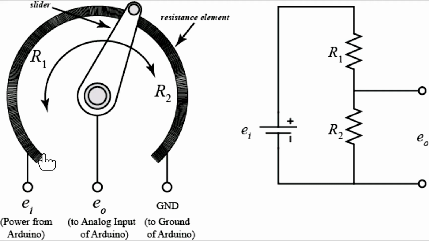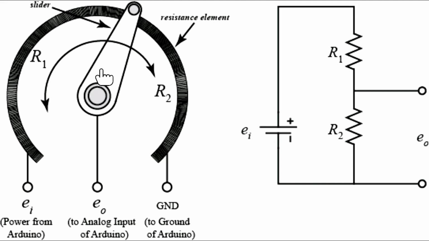It will give you whatever input we are giving, 5 volt over here. So if the slider is over here, the output will be 5 volt only. The same, whatever the input is, the same will be the output.